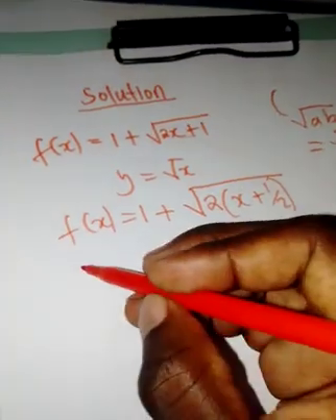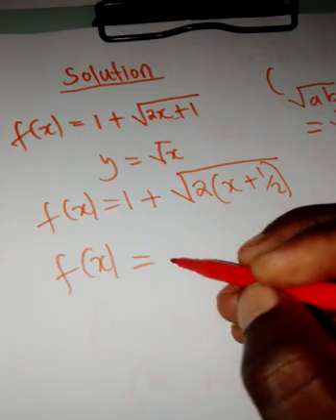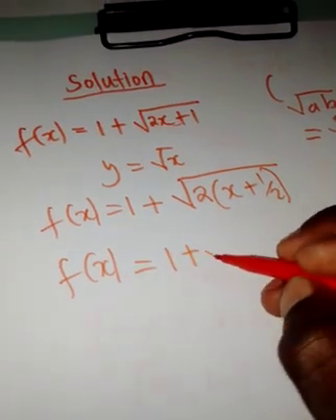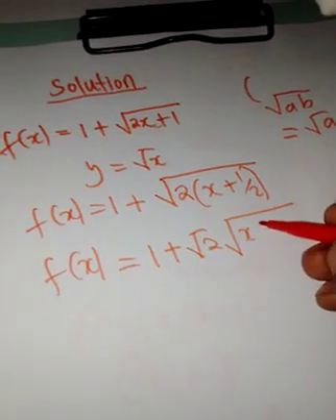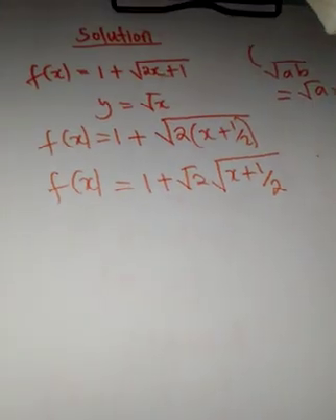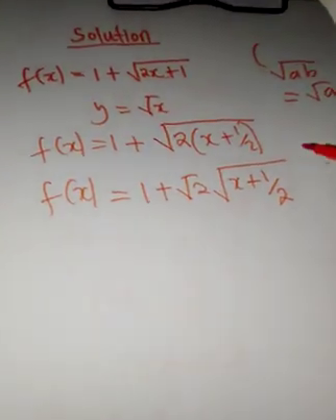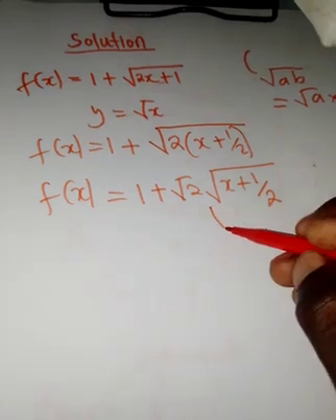So you can apply this one there. Say f of x equals 1 plus root of 2 times root of x plus 1 over 2. Then from there you deal with this one first. So you sketch this part first.